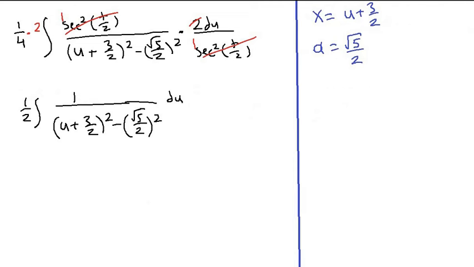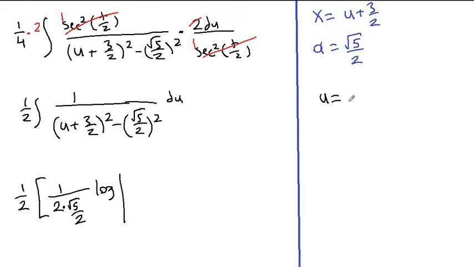So it's going to be 1/2 times 1 over 2a. Instead of a, we have radical 5 over 2, logarithm of x minus a. Our x term is, we can bring u back. u was tangent of t over 2. So tangent t over 2 plus 3 over 2 instead of u plus 3 over 2, minus a. Our a term is radical 5 over 2.